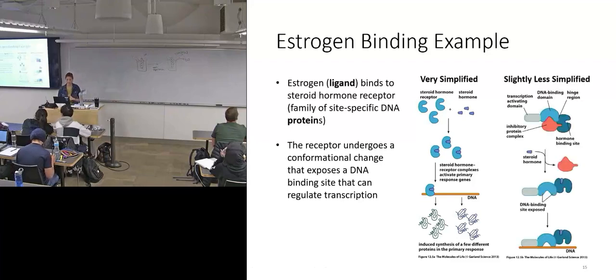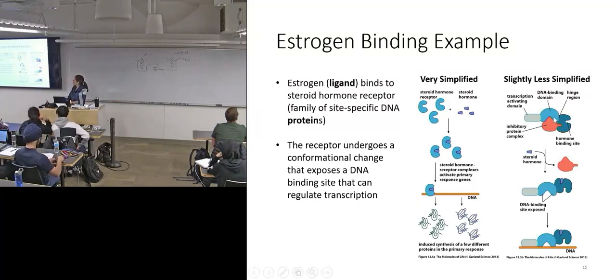A slightly less, but still very simplified version of this situation is normally what we'll have. So here's the domain that can actually bind to DNA. Here it just looks like a one-domain receptor, but it's actually a complex of many things. There's the piece that can actually bind to the DNA. There's the piece that's going to initiate transcription and activate it.